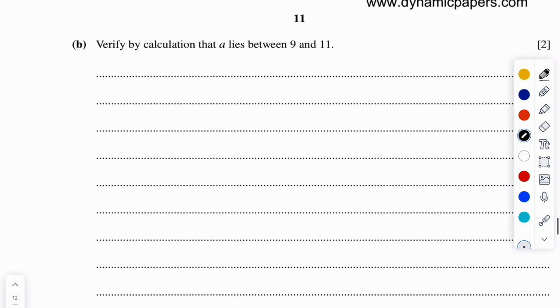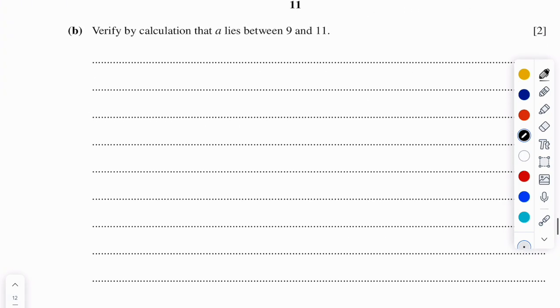So we can say, consider f of a is equal to a minus e to the 1 over root a plus 2.